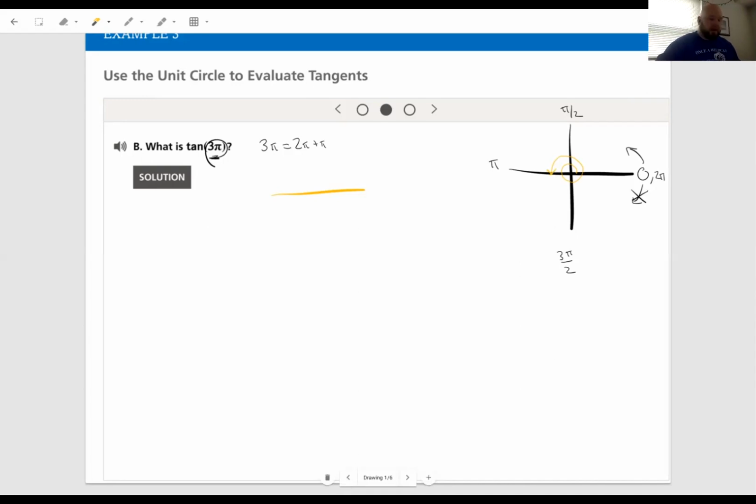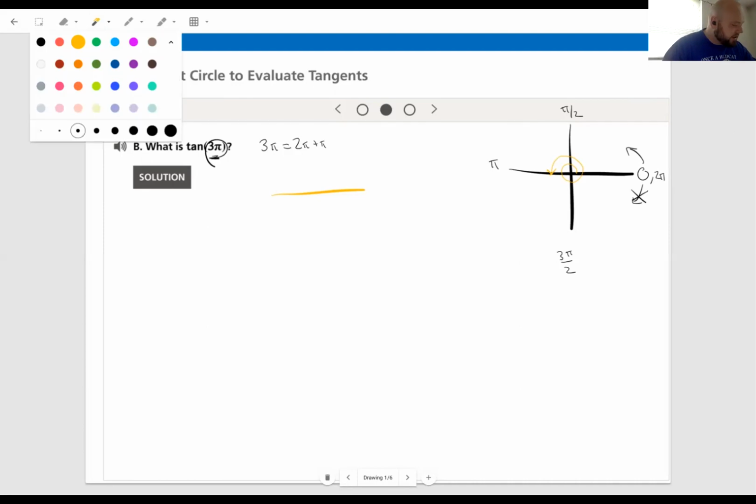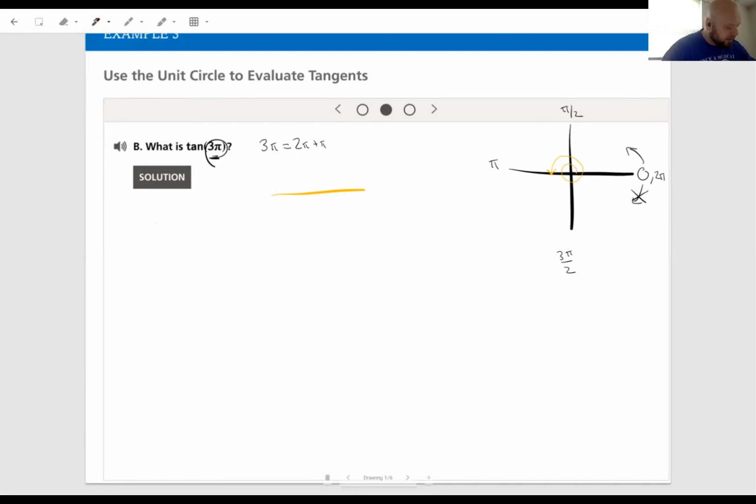Clearly this isn't a triangle. You haven't seen one of these kind of angles before. But the way you want to do this is remember that the tangent of anything is the y value over the x value of a triangle, but there's not a triangle. So what does that mean?